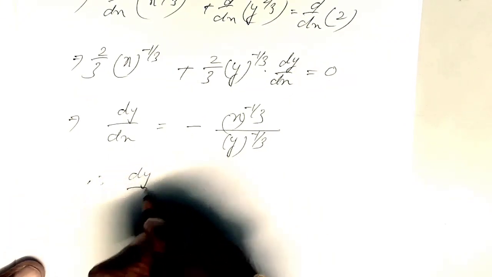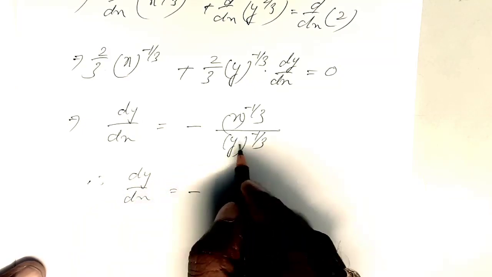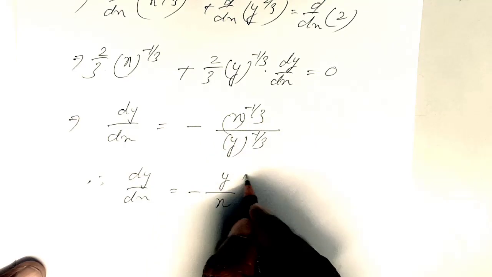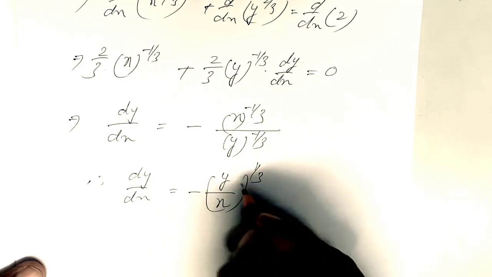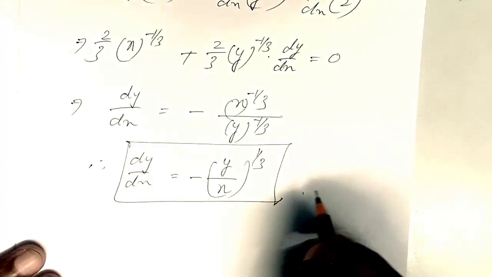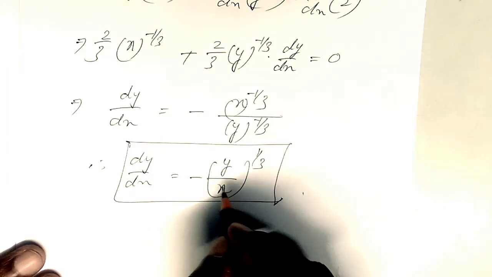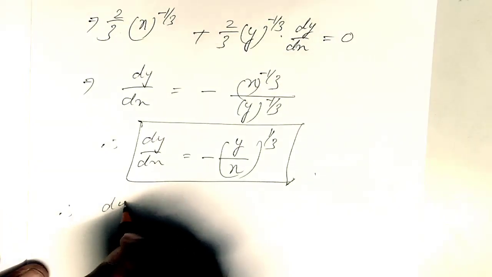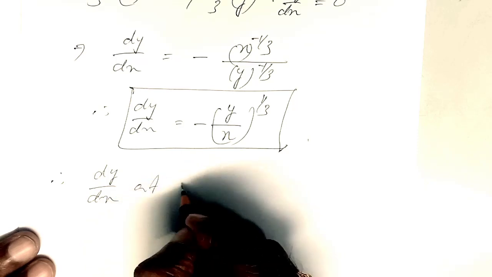Therefore dy by dx will be minus, this will take negative power, it will go up and this will come down. That means minus (y by x) to the power 1/3. This is the answer. Okay, number 2 I have completed, but here we are able to find out only dy by dx, but you have to find out dy by dx at (1, 1).